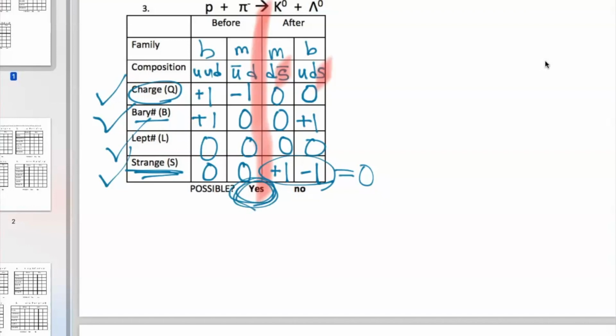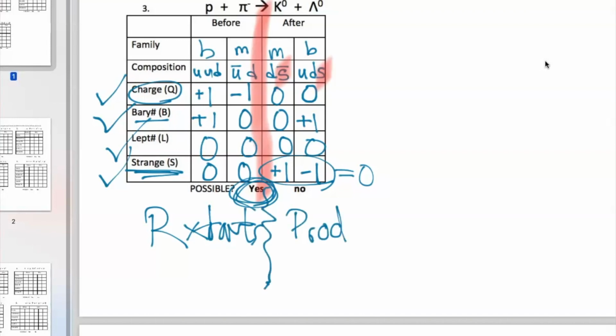So as you're going through these problems, I find it really helpful to make sure I recognize where are my reactants and where are my products. So I add a little dividing line between them just so that it's really easy and obvious for me to tell which values I'm comparing to determine my conservation laws and whether they're holding for that particular reaction.